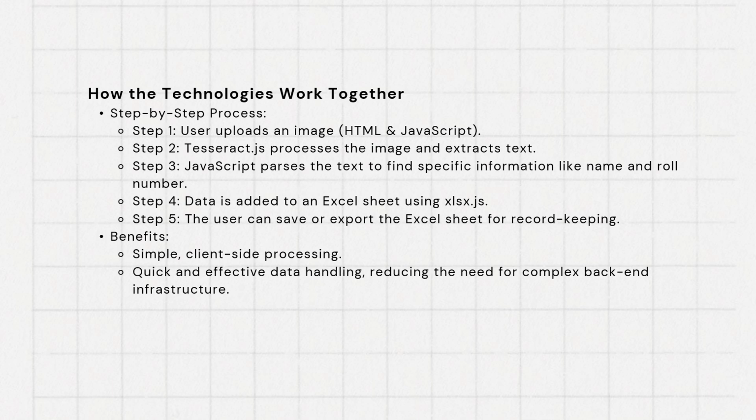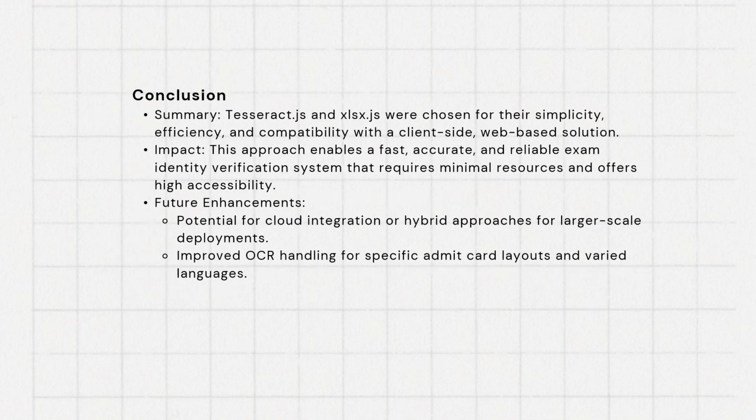Benefits: first, simple client-side processing. Second, quick and effective data handling, reducing the need for complex backend infrastructure. Conclusion summary: Tesseract.js and XLSX.js were chosen for simplicity, efficiency, and compatibility with a client-side web-based solution.